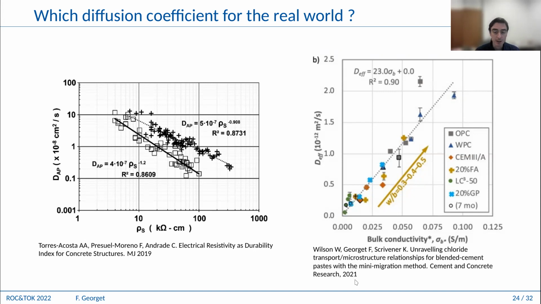And this was verified in our mean migration study, that what we measure is a function of the bulk conductivity. It means that the diffusion coefficient that we measure by the mean migration method might not be the effective diffusion coefficient, but in some way it is more useful than the true diffusion coefficient, because it is directly related to the apparent diffusion coefficient, which gives us a direct indicator of the performance of a specific binder.